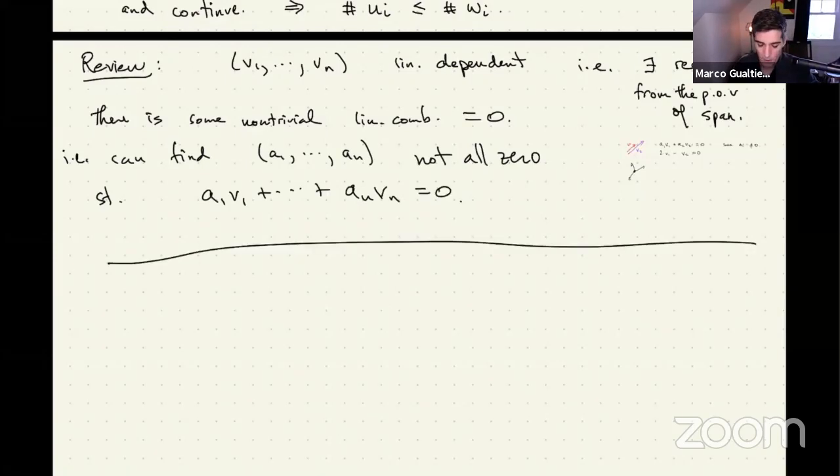This is the meaning of linearly dependent. And if it's not linearly dependent, then it's called linearly independent. Linearly independent means that every vector is essential to obtain that span. If you remove one of the vectors, you will not get the same span.